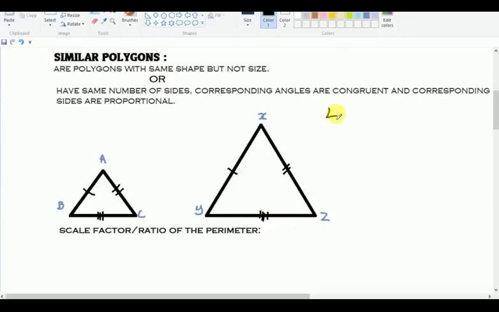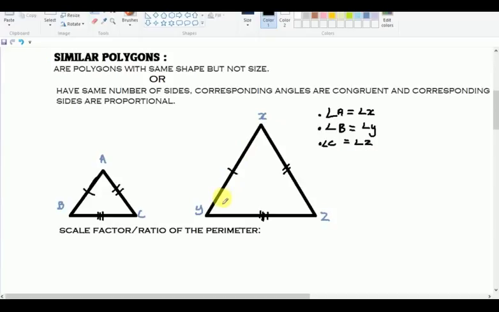angle A is equal to angle X, angle B is equal to angle Y, and lastly angle C is equal to angle Z. Remember that these sides are not equal.